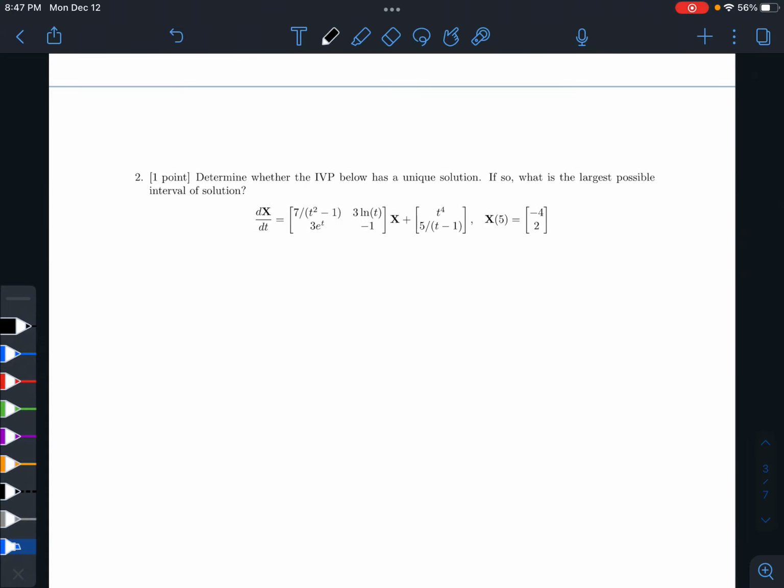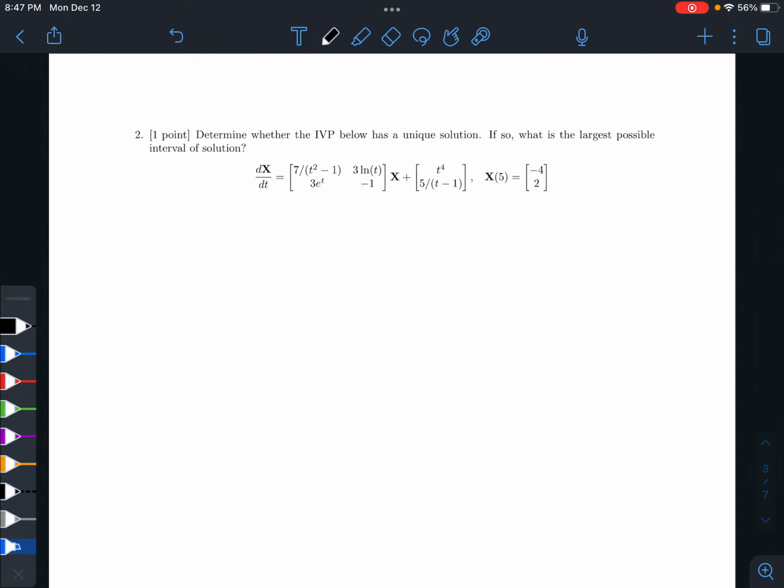Anyway, moving on. Determine whether this IVP below has a unique solution. This is like the same problem, except this turned into x of 5 instead of x of 0.